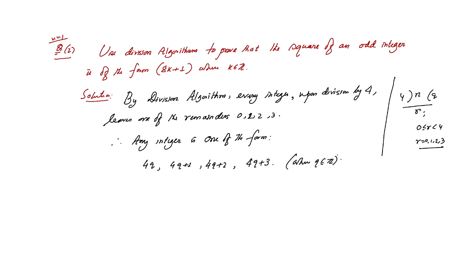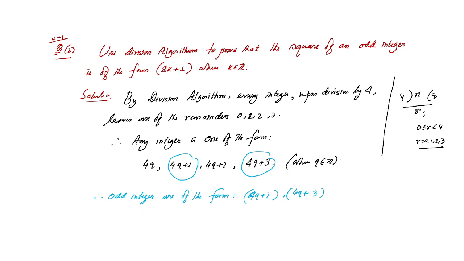Now among these, which will be odd? 4q plus 1 and 4q plus 3 will be the odd integers, and 4q and 4q plus 2 are both even. So obviously here we can write, therefore, odd integers are of the form 4q plus 1 or 4q plus 3.